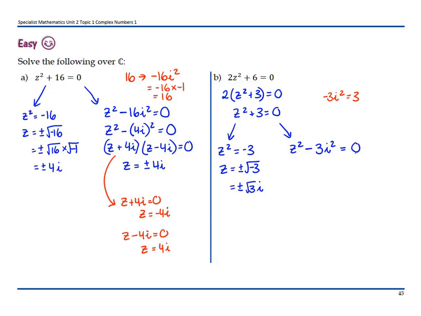So that equals 0. Now I can factorize. I have z plus root 3i, z minus root 3i equals 0. So z has to equal plus or minus the square root of 3 i. If you can't remember the rule we're using to factorize, a squared minus b squared is a plus b, a minus b.